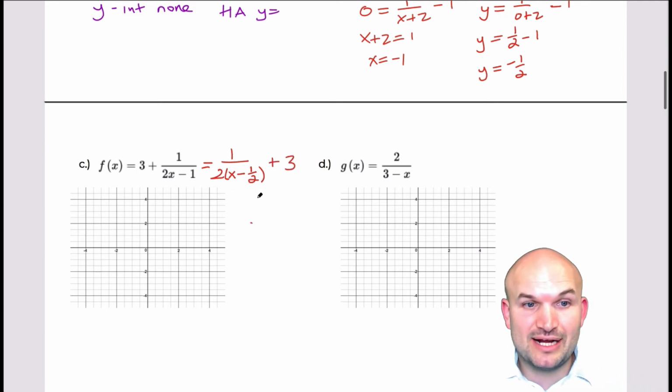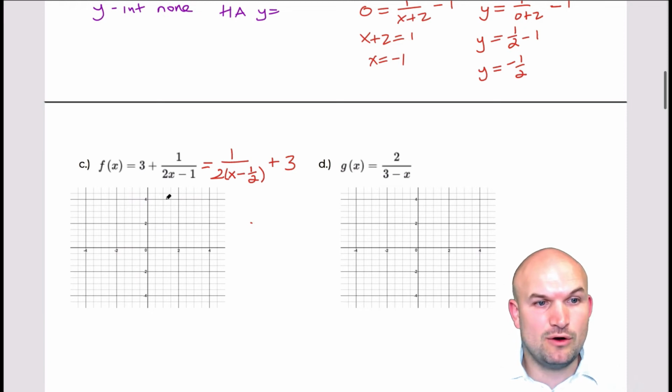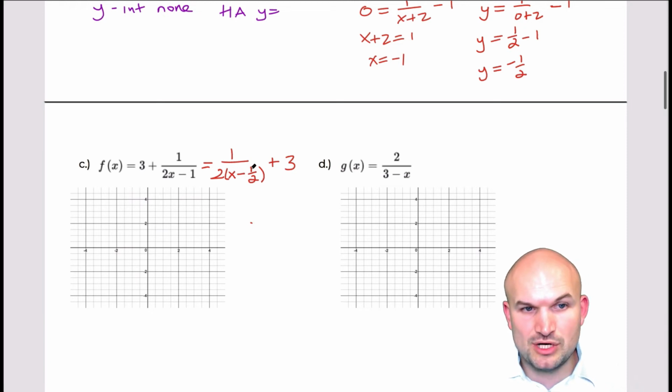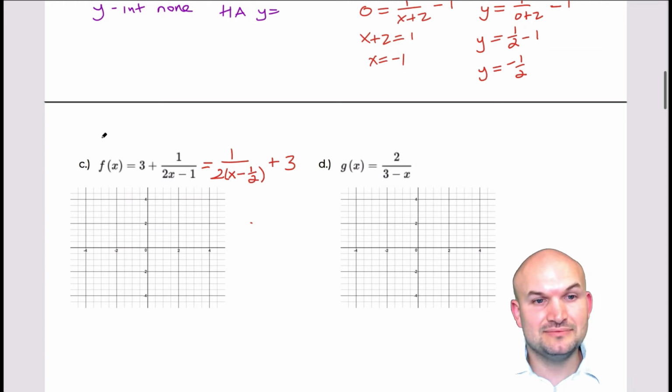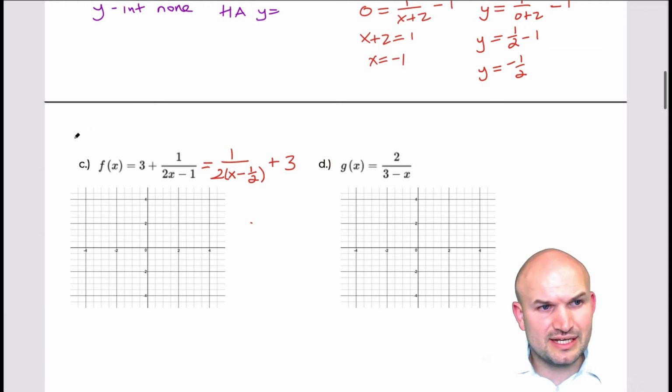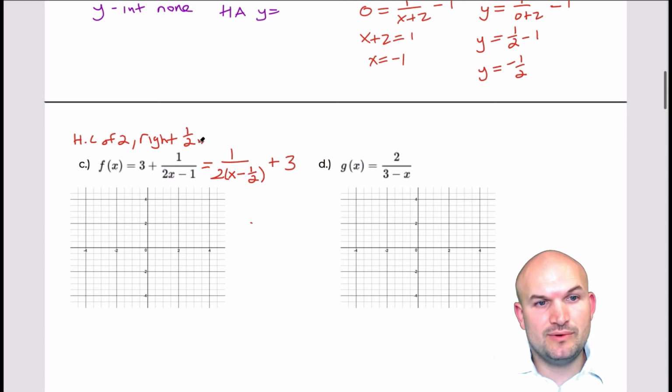All right. Now we have to graph this. Let's write down what's happened here. This graph now has a horizontal compression of 2. We are going to the right 1/2, and we're going up 3.